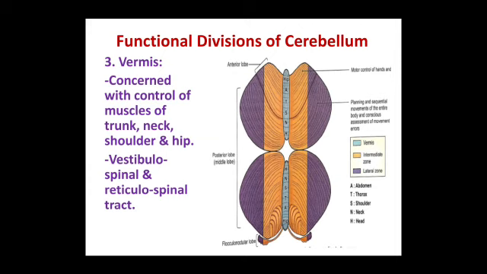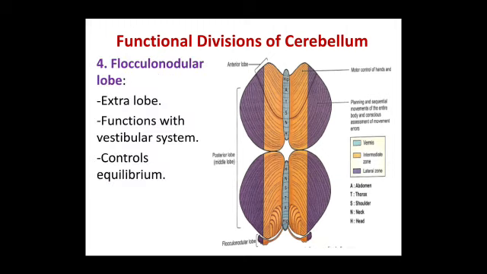So tracts are vestibulospinal and reticulospinal tracts. Apart from this, we have the flocculonodular lobe. It's an extra lobe, functions with the vestibular system. It controls equilibrium.